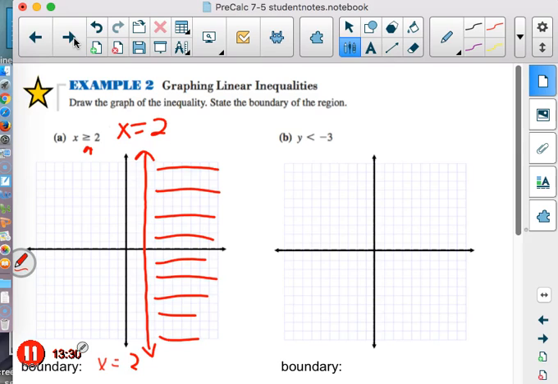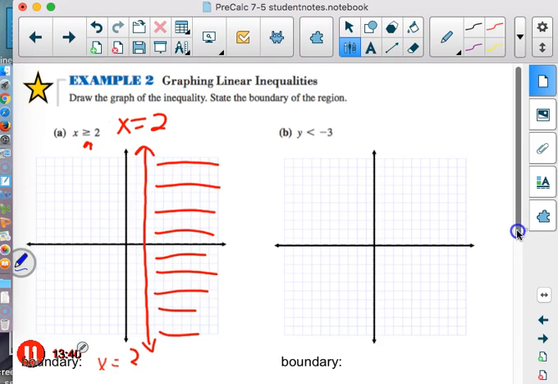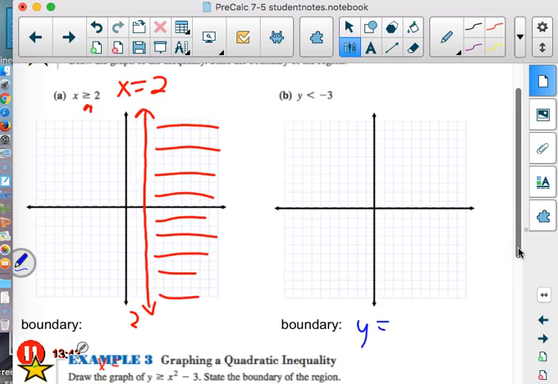In fact, it's a little easier if we don't have y equals mx plus b. So how about this one? What does that look like? Horizontal line, y equals -3. Oh, dashed or solid before I get too far. Do not have an equals bar.